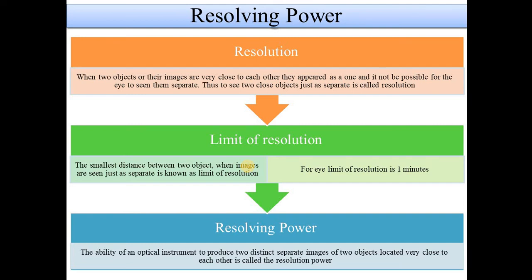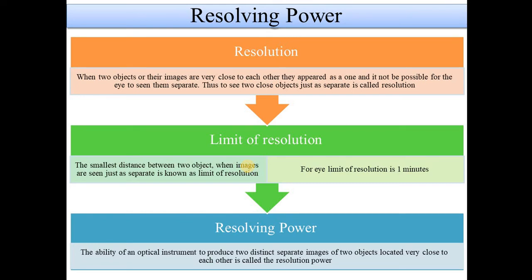And what is the limit of resolution? The smallest distance between two close objects such that you can see them as separate is called the limit of resolution. For the eye, the limit of resolution is 1 minute, and we always grade optical instruments on the basis of their resolving power.